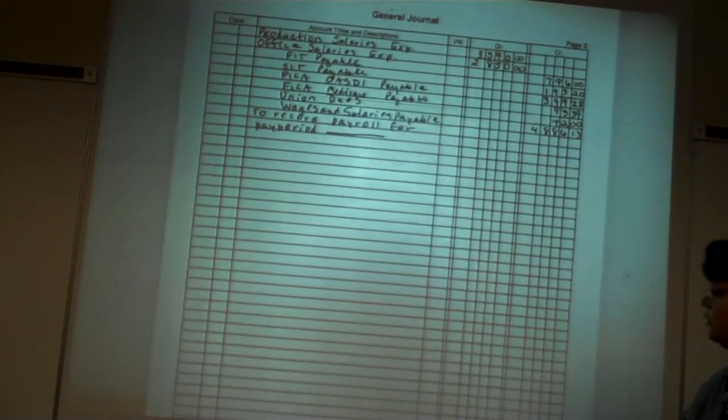Now, we held out from our employees' checks all of these things, but that's not income for us, is it? It's money that we have to pay someplace else later. It's a liability. We're just holding it until we make those payments.